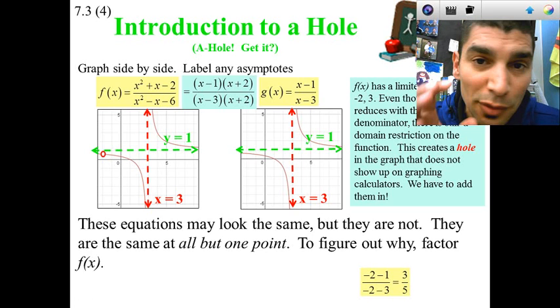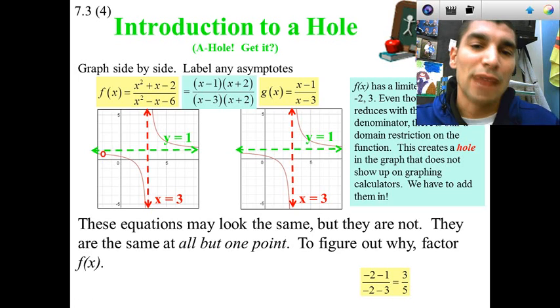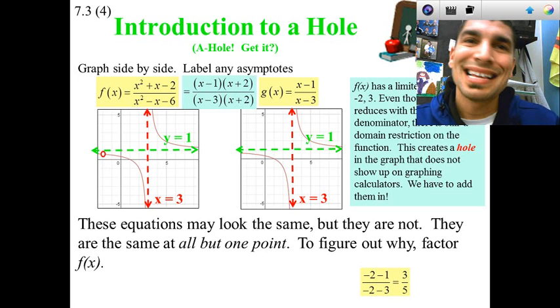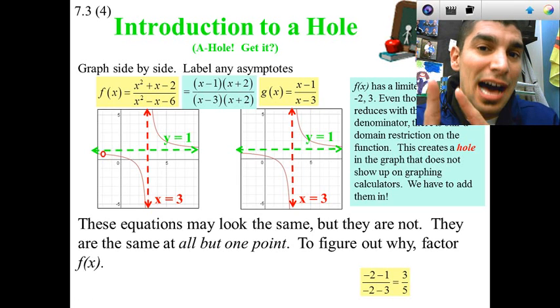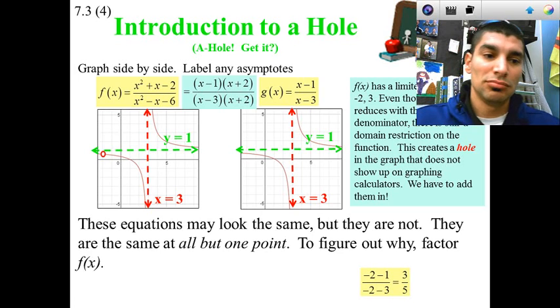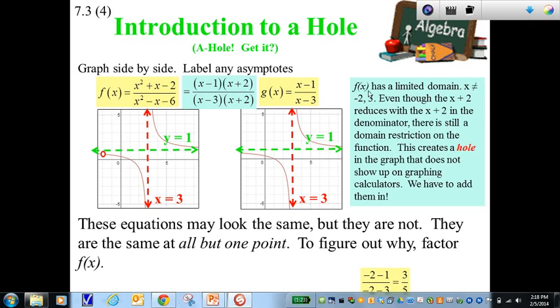Let me move my face out of the way so you can see what this says. F of x has a limited domain. X can't equal -2 or 3. Even though this cancels, there's still a limited domain. Don't forget what it can't be. Even though the x plus 2 reduces, there is still a domain restriction on the function. It creates a hole in the graph that does not show up on a graphing calculator, so we have to add them in. This is going to need to be a part of your graphs as you do them.